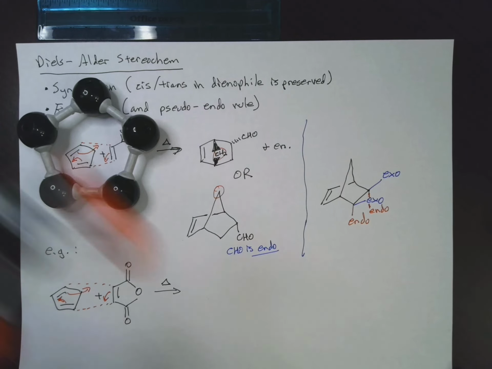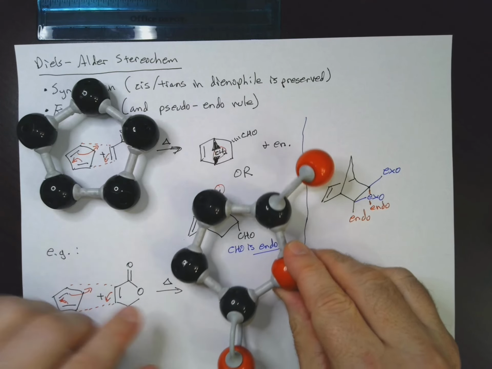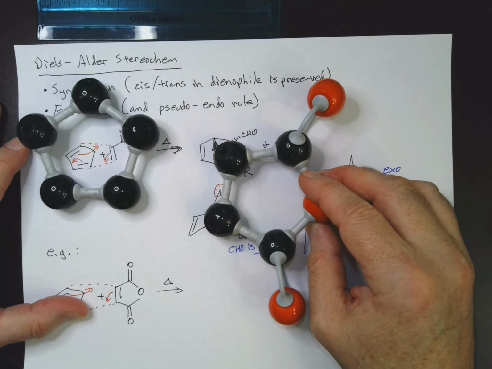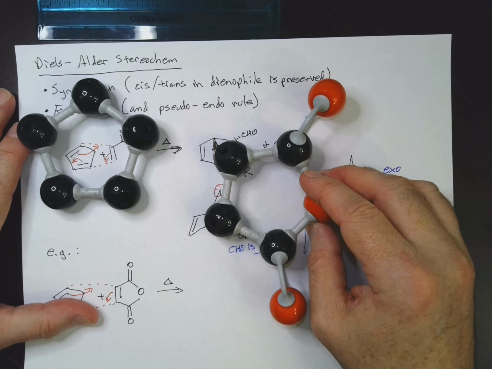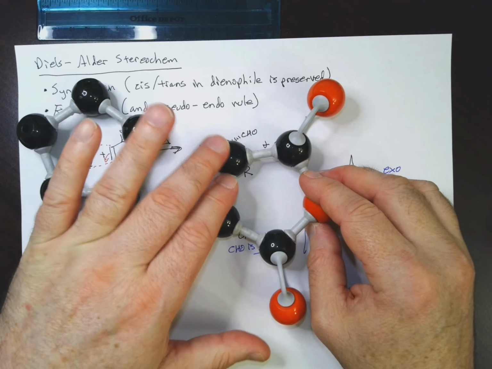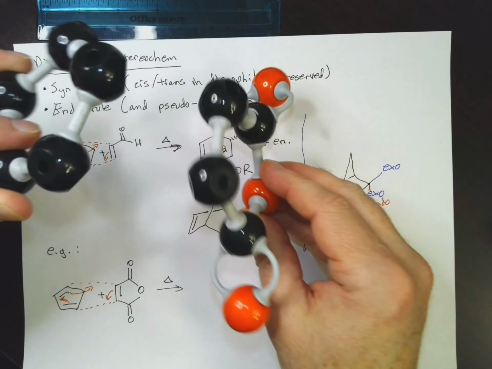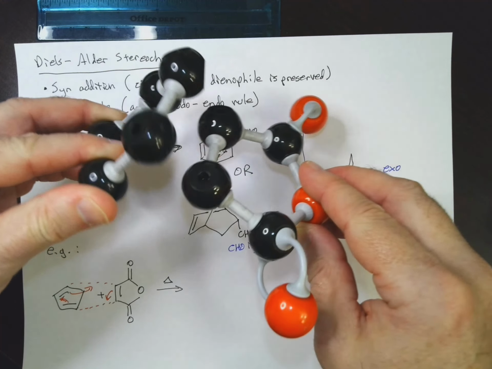So what's going to happen? Well, here's my succinic anhydride. That's a double bond. I haven't drawn those or indicated those here, and there are double bonds there. But this guy's going to come in underneath.